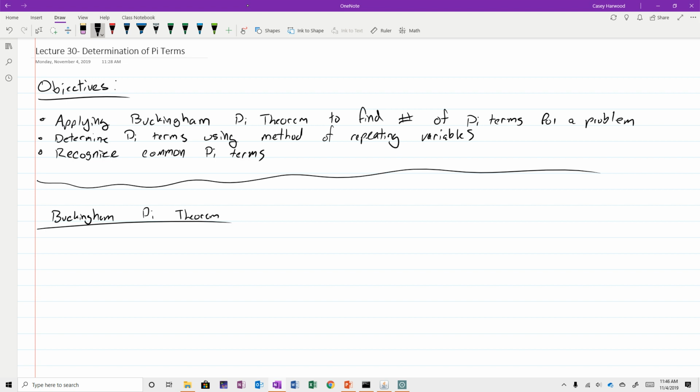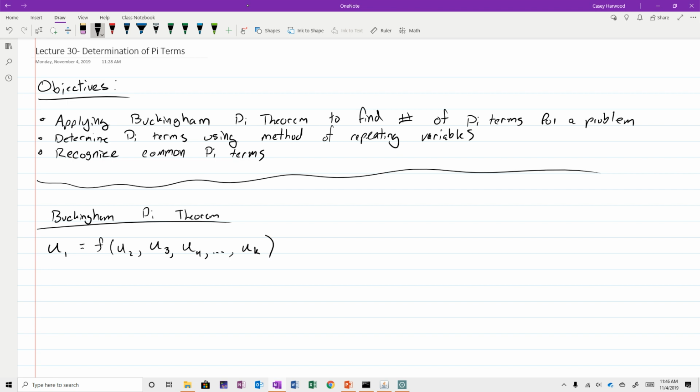Which says that, and I wrote it out in full form last time, this is the abbreviated version, that if you have some relationship between variables, and we'll use U to denote our dimensional variables here, U1 equals a function of U2, U3, U4, etc., to U sub K, where you don't have to know what this function is.